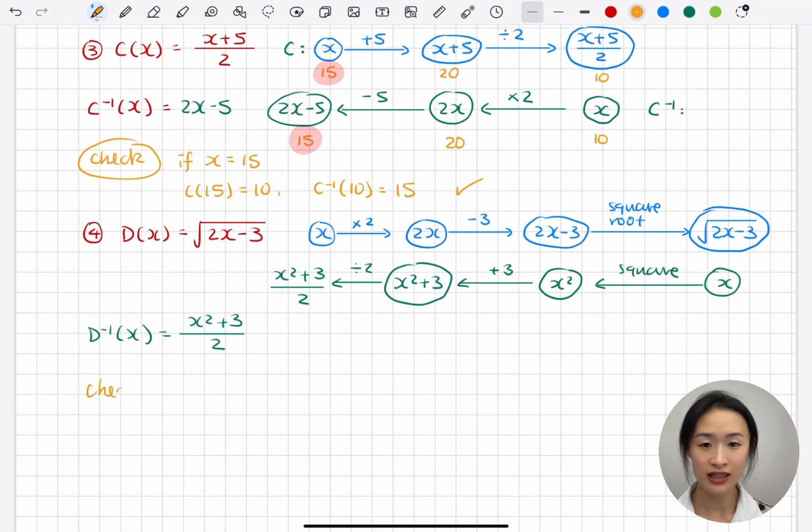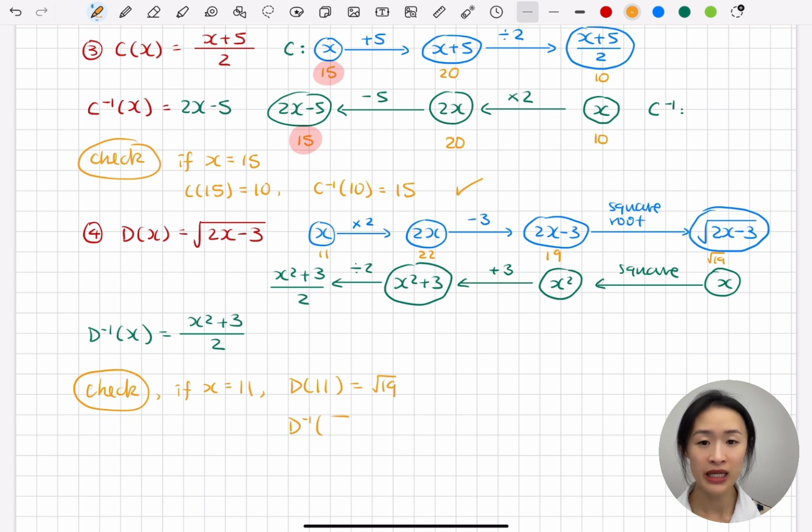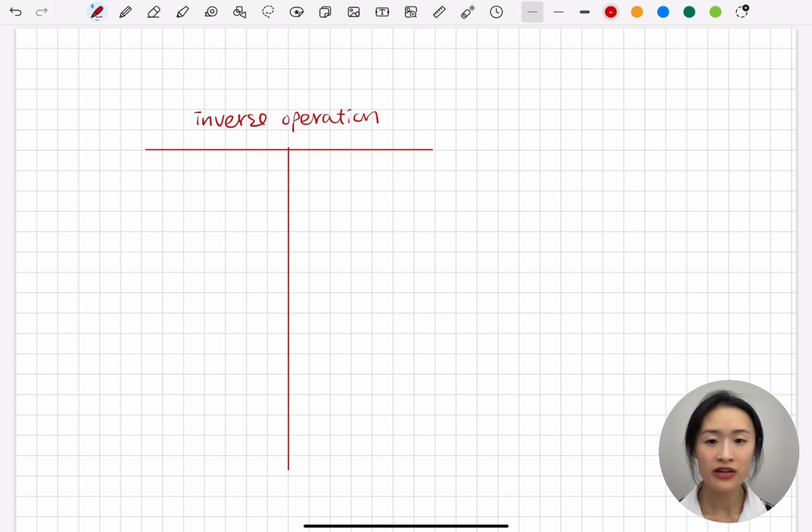Again, let's check the answer. So if the input is 11, D(11) is going to give us the square root of 19. To check it, we need to make sure D inverse of root 19 will give me 11. And as we can see, that is the case, so we've got the correct answer. Let's just summarize. What are the inverse operations? We know from primary school that the inverse operation of multiplying is dividing.